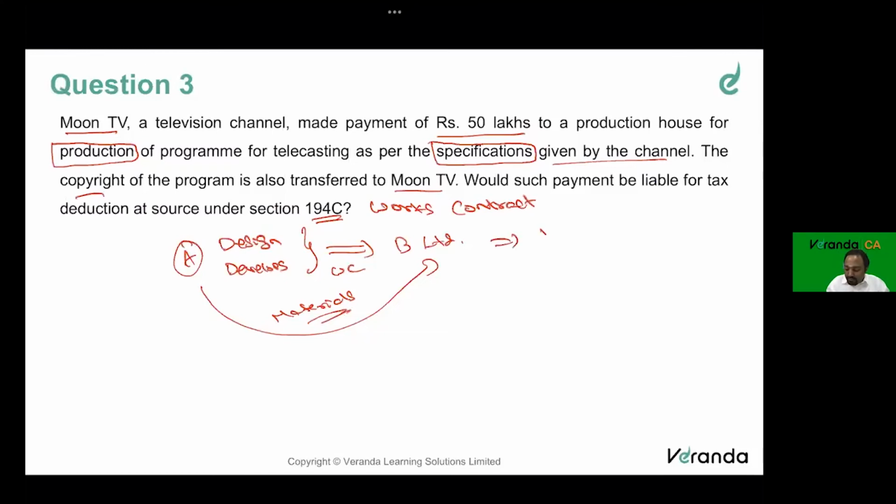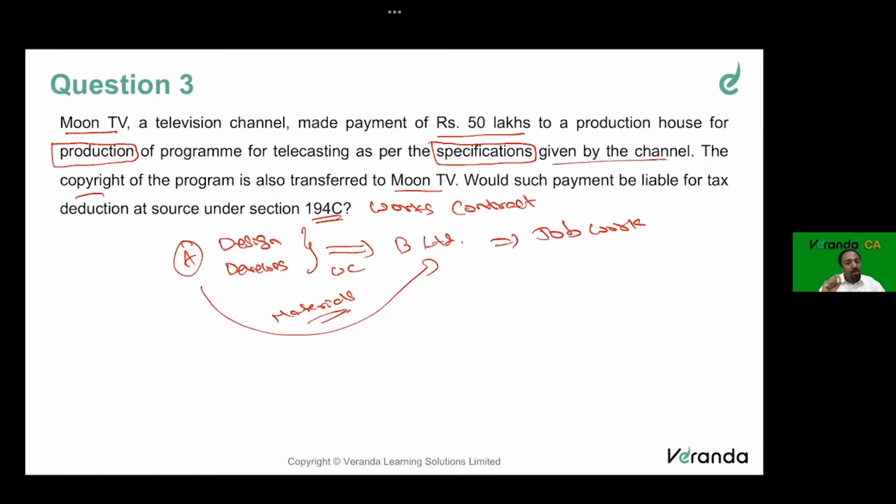This is a kind of job work. This is only covered under 194C. If this is not the case, 194C is not applicable to that transaction. So when you say works contract, I award you the work along with materials, and only then does it become a works contract. This is with respect to manufacturing.